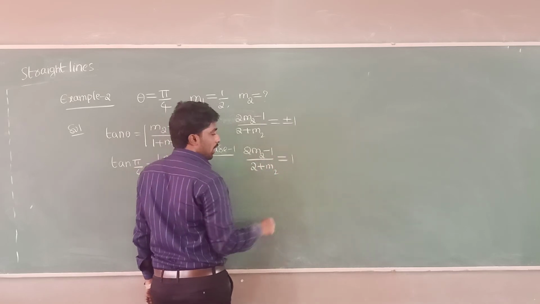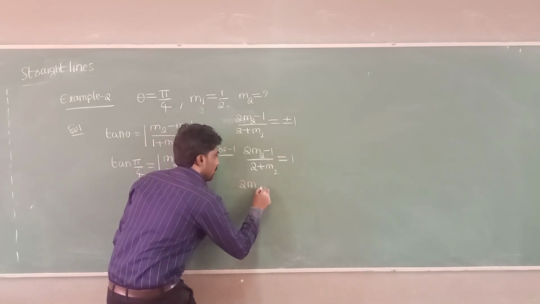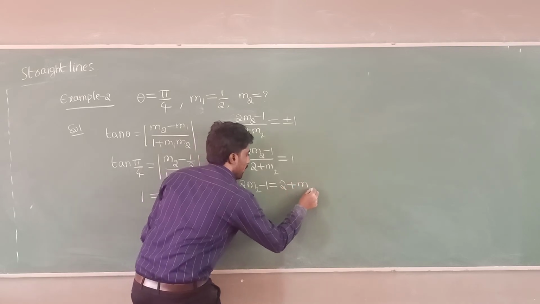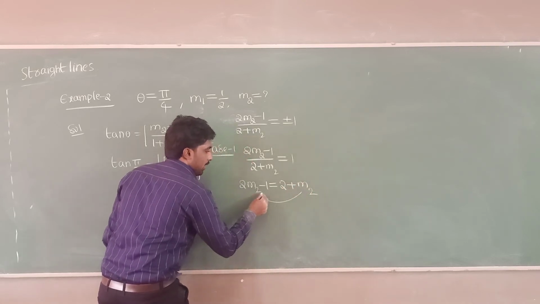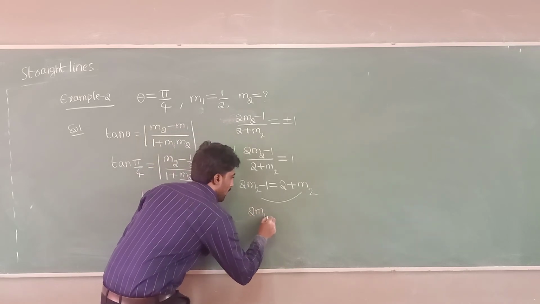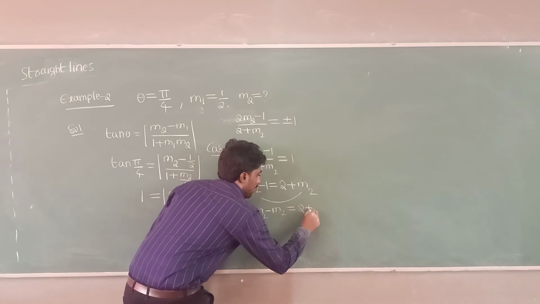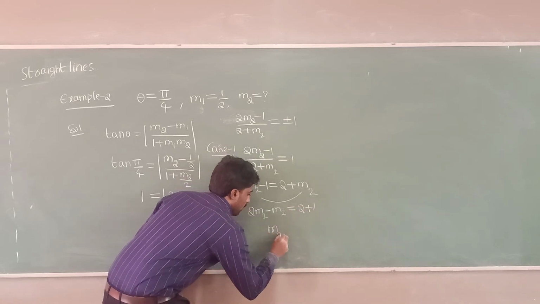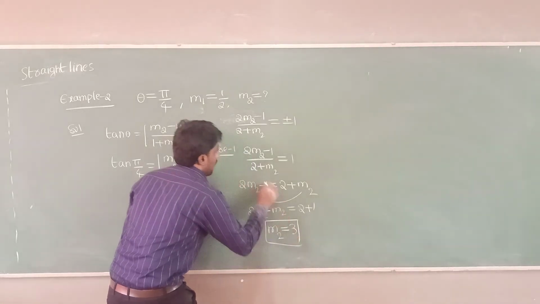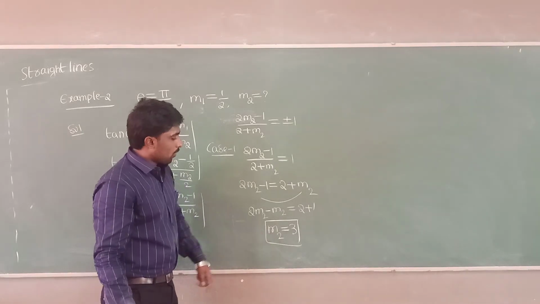Shift m2 to this side and minus 1 to that side: 2m2 minus m2 equals 2 plus 1. Finally m2 equals 3.